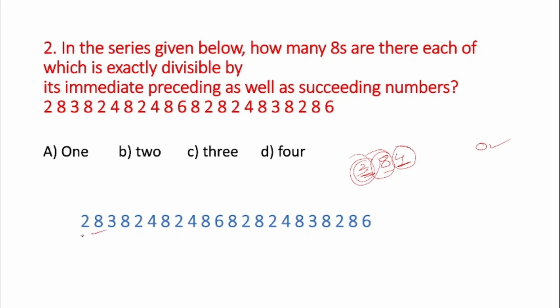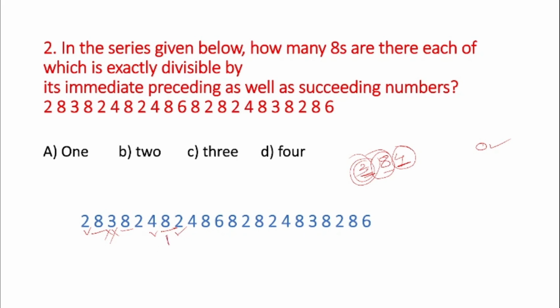The 8 is preceded by 2 which exactly divides it, but succeeded by 3 which doesn't divide it. Again we have an 8 here preceded by 3, it doesn't satisfy the condition. Again we have an 8 here, it is exactly divisible by 4 and also by 2 which follows. So we have one 8 here.